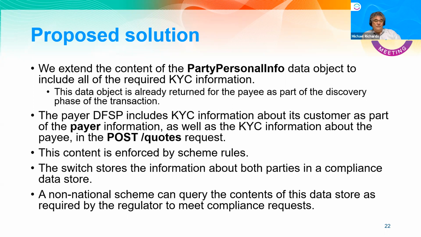Now, we can enforce this content by scheme rules implemented in the switch and published in the scheme rules definition. And then all we need is for the switch to store that information about both parties in a compliance data store. And then a non-national scheme can query the contents of this data store as required to meet compliance requests.